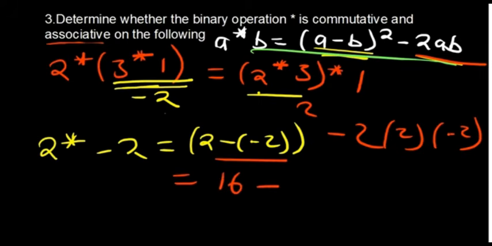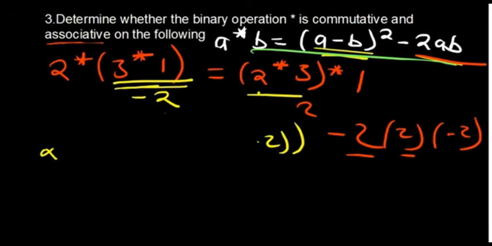Negative 2 times 2 is minus 4. Minus 4 times negative 2 is going to be positive 8. So we have plus 8. 16 plus 8 is going to be 24. So we have found 24.